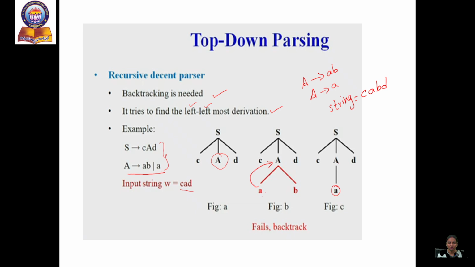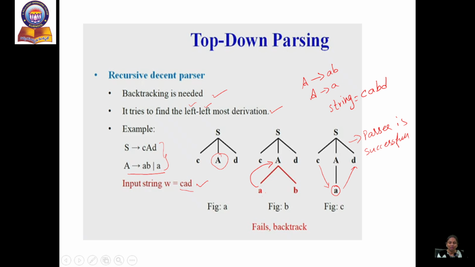Now check the string we have obtained: C, A and D. What we need to parse is CAD, so it can be accepted. Now this parser is successful.